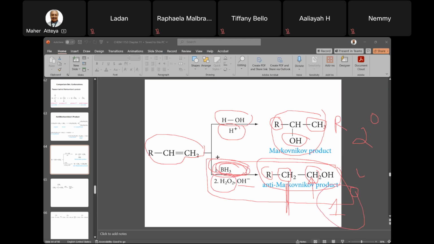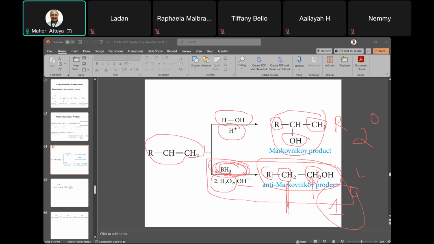If you don't add those items, the reducing and the oxidizing agent, you will get the OH in the secondary position. So we have Markovnikov, according to the stability of the carbocation, tertiary more stable than secondary than primary. But we can flip this.